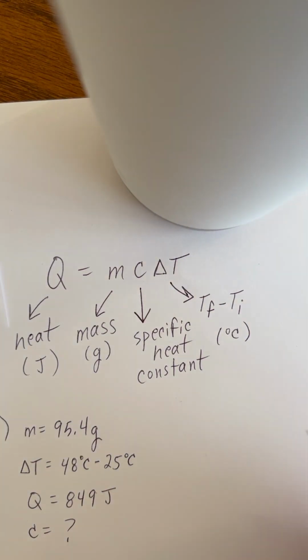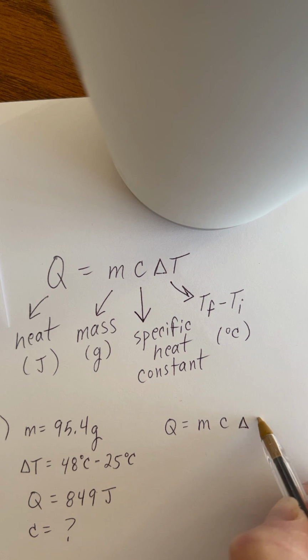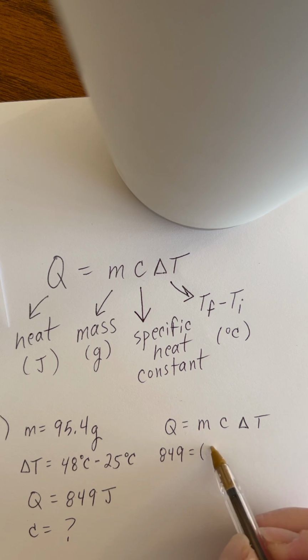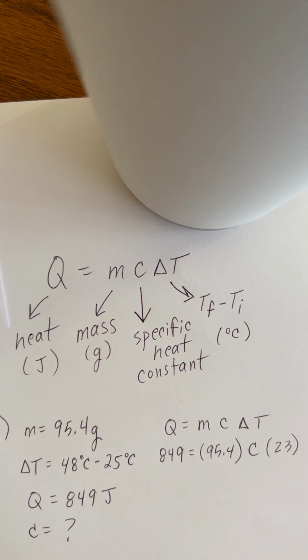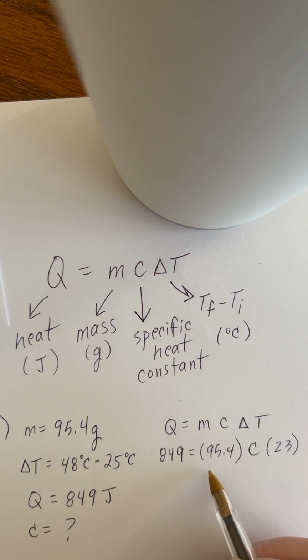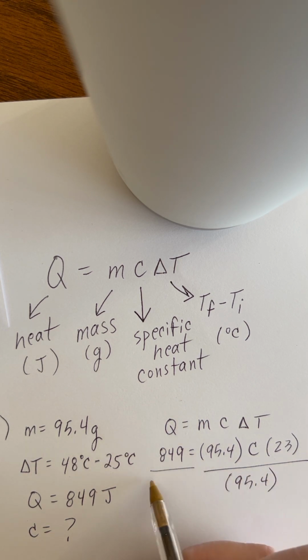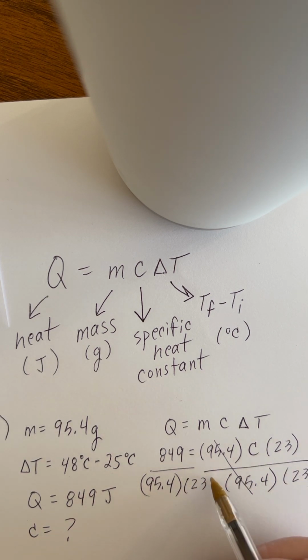I'm just going to do a little bit of plug and chug with my equation, Q equals MC delta T. For Q, I'm plugging in that 849. For M, I'm plugging in the 95.4. C is what I'm solving for. My temperature change would be 23, 48 minus the 25. To solve for C, I'm going to divide both sides of the equation by 95.4 and divide by the 23.